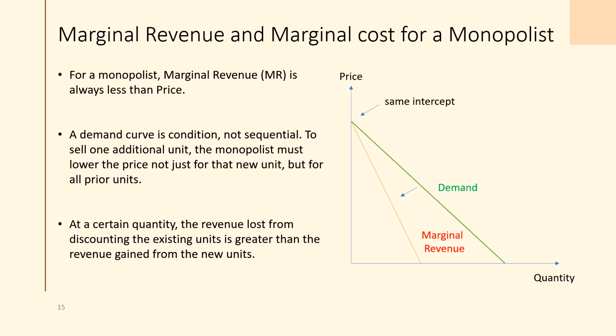So the firm gains revenue from the extra unit, but loses some revenue on earlier units due to the lower price. Because of this, marginal revenue lies below the demand curve. Both curves share the same intercept, but marginal revenue falls faster than demand.